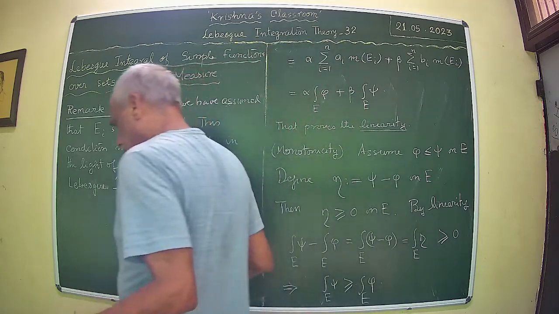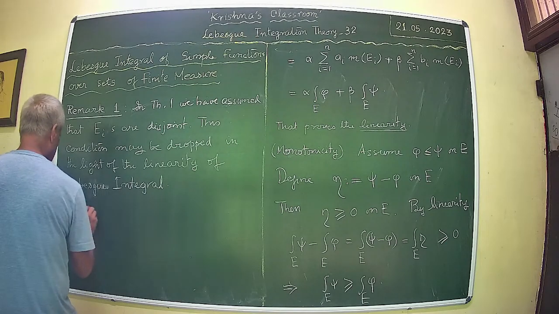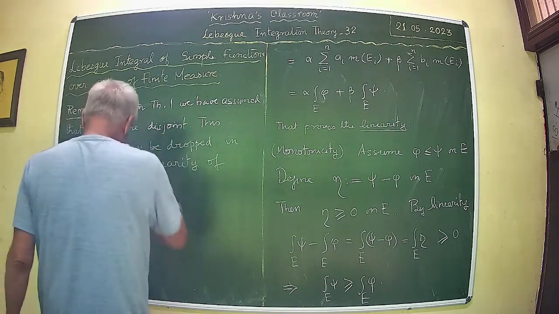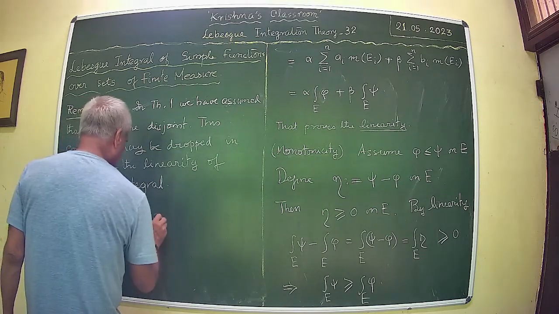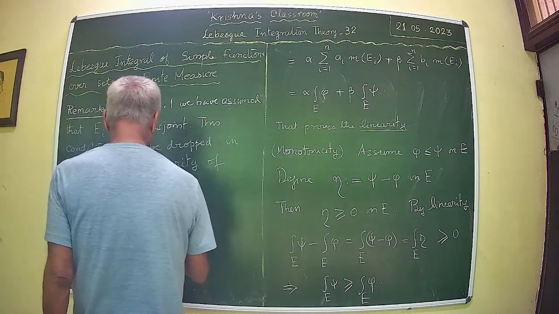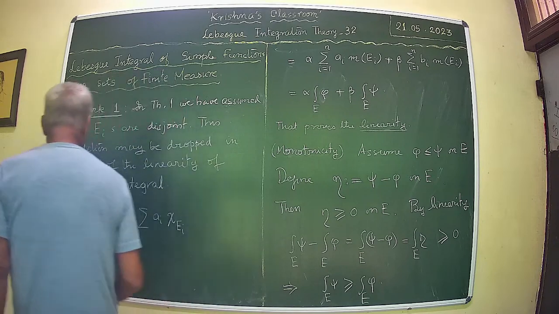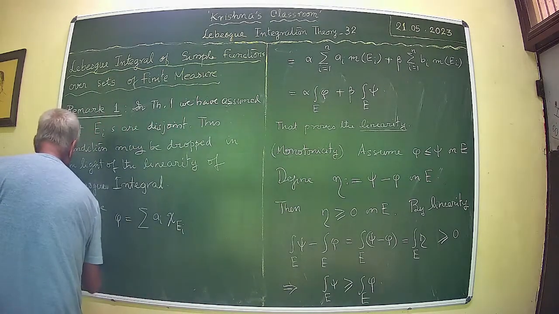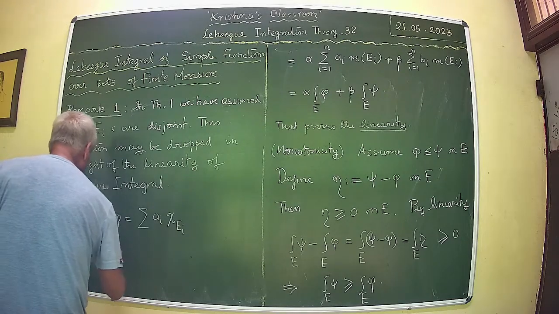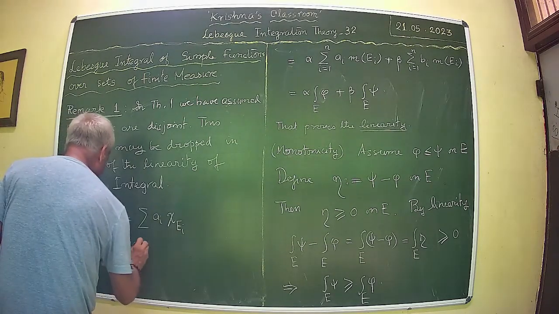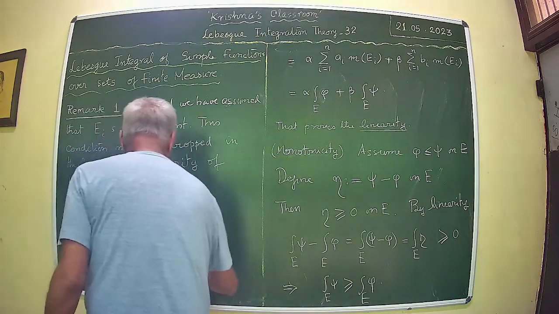For instance, what happens is, suppose you have phi equal to sigma ai chi Ei, where the Eis are measurable sets, not necessarily disjoint.